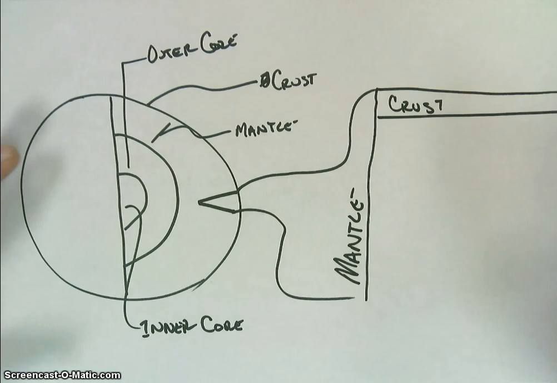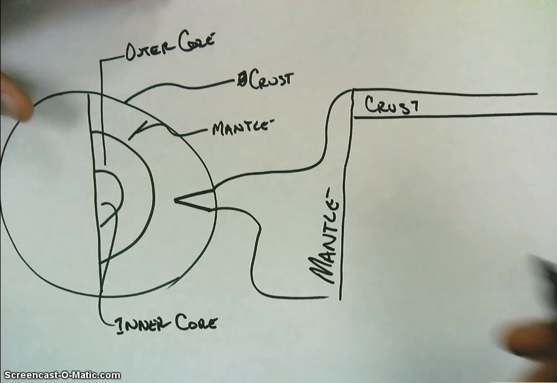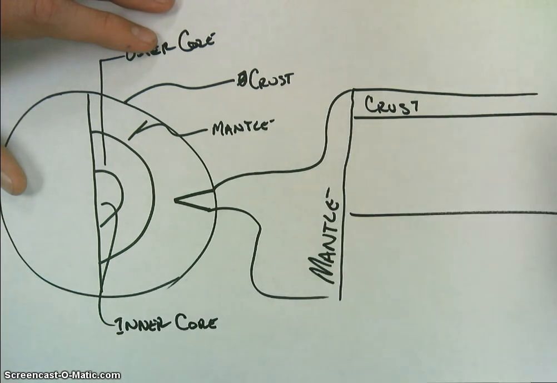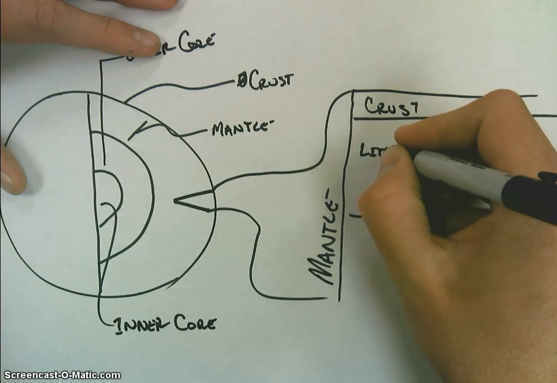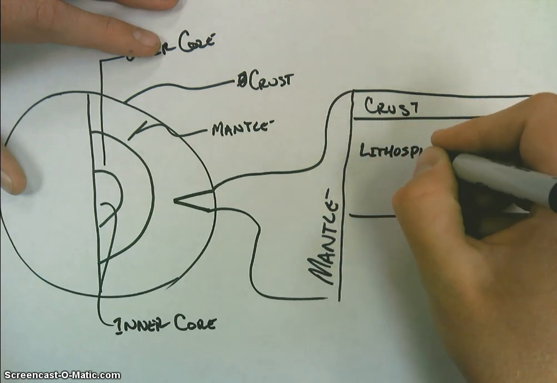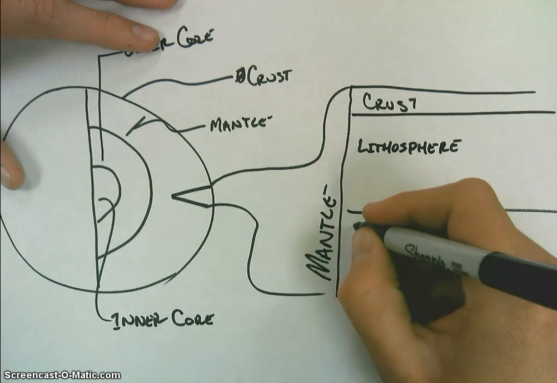And it's actually the upper mantle, okay? But what the upper mantle actually does is it has these two layers within it. The top layer we call the lithosphere. Okay, and the bottom layer we call the asthenosphere.